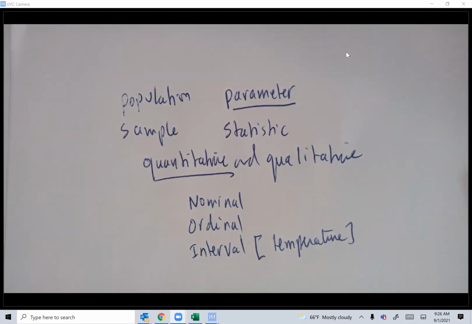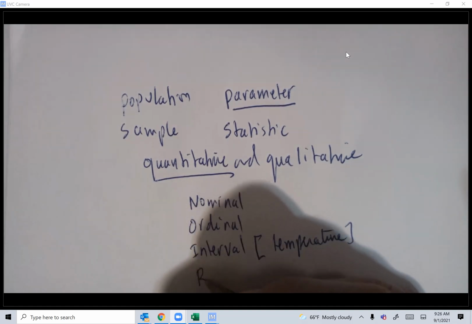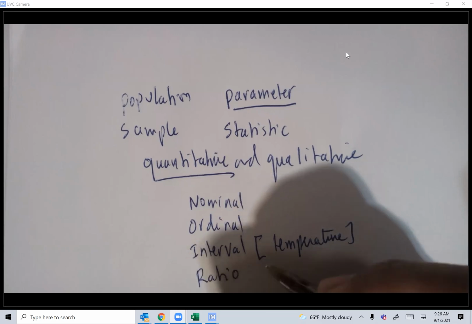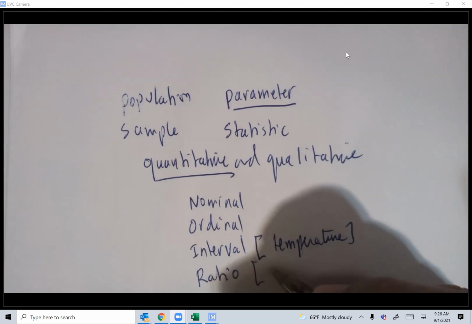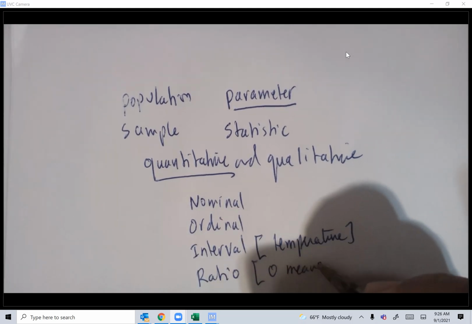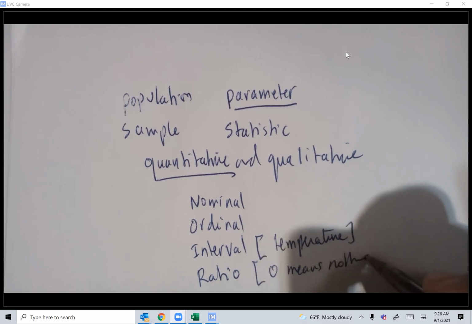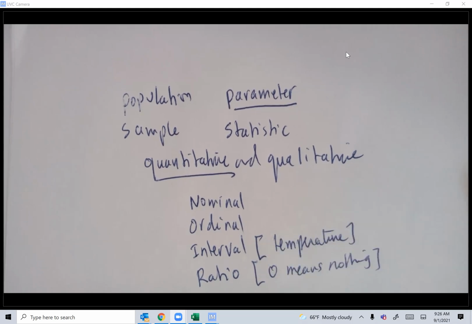Then we talked about the last level, which is the most important one to us, which is called ratio. Ratio, the 0 means nothing. And we gave a lot of examples under ratio: weight, height, money, age, time. It's all at the ratio level.